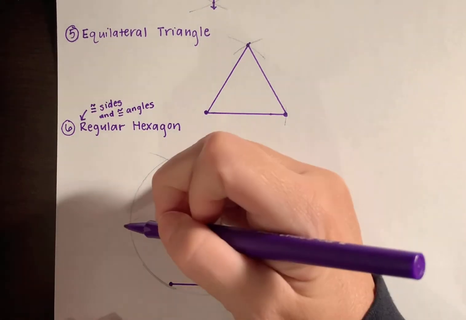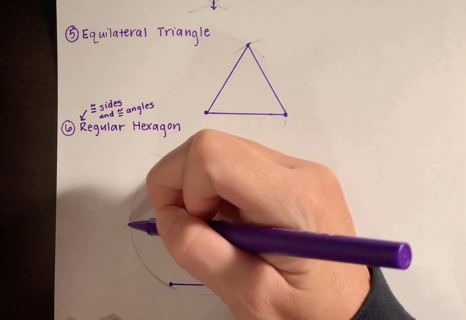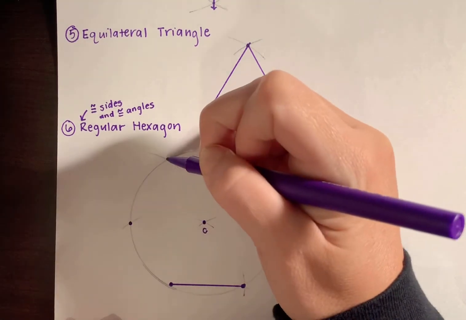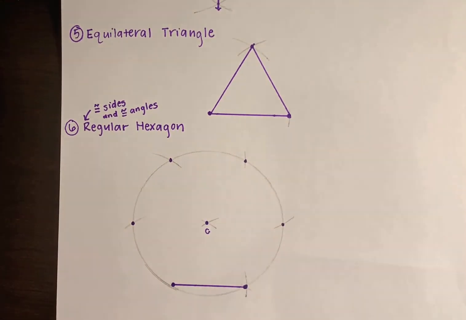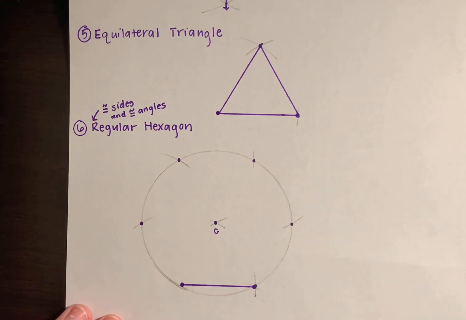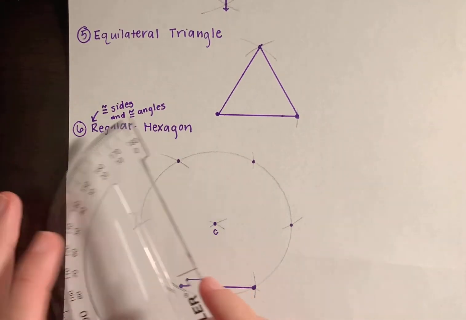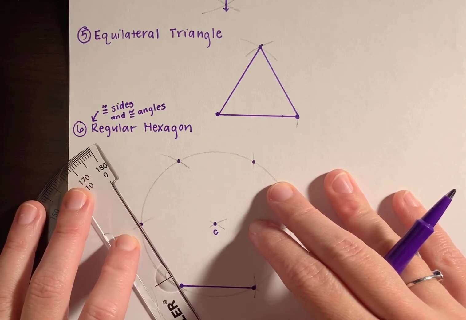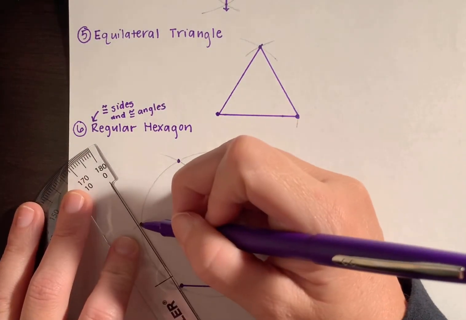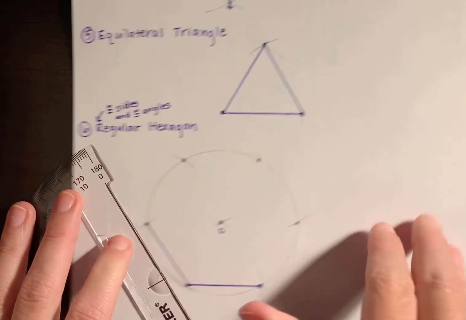These 6 points, you already have the 2 marked, but here's the 3rd, the 4th, the 5th, and the 6th, are actually the vertices of your hexagon. So you can go ahead and you can connect the dots to make your hexagon. I'm going to turn my paper.